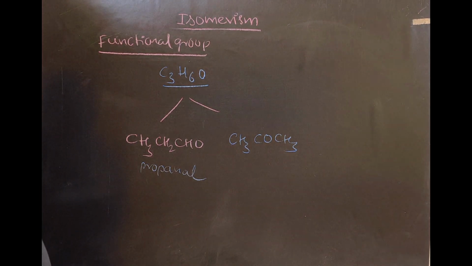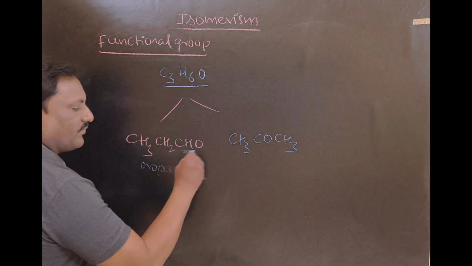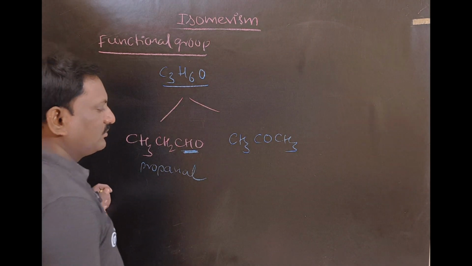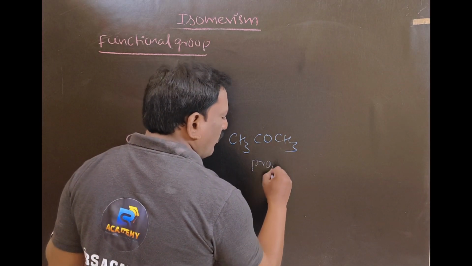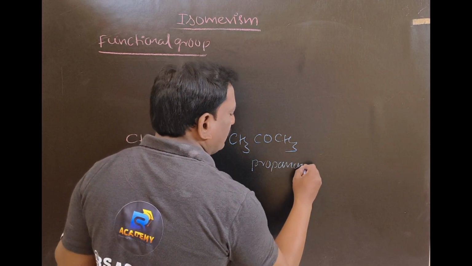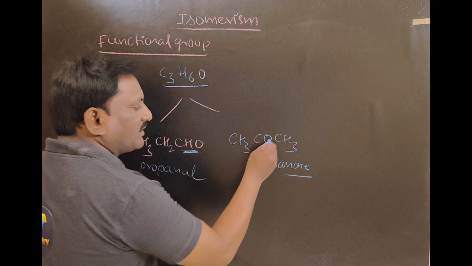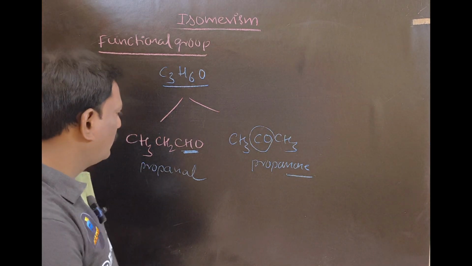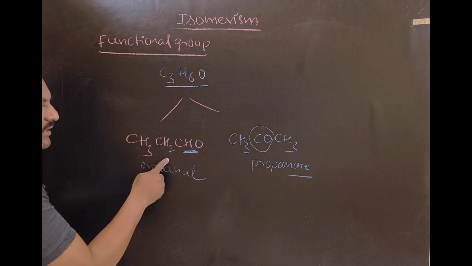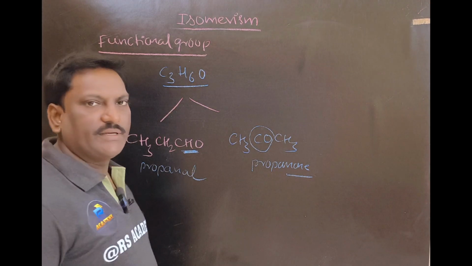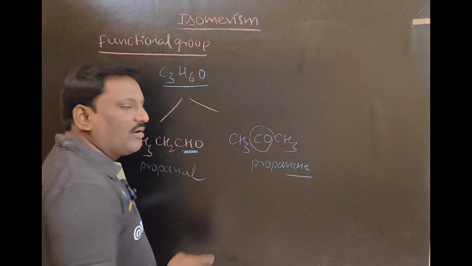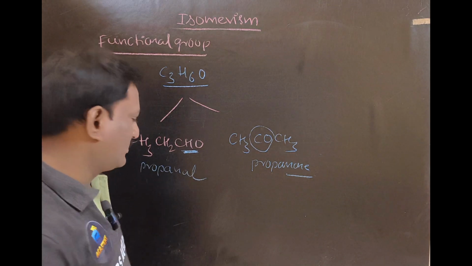Listen carefully. This is called propanal, because here the functional group is aldehyde. This is called propanone. Here the functional group is ketone. So same chemical formula but these two have different functional groups. So that's why these two are called functional isomers.